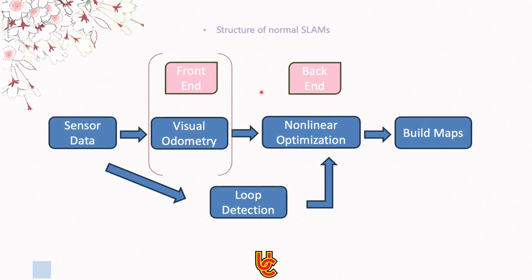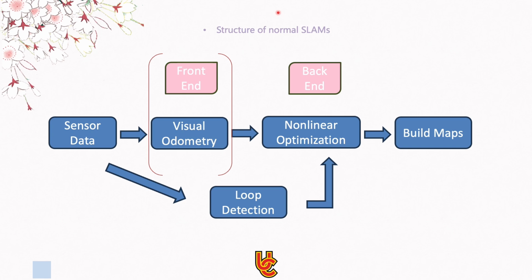Here is the basic structure of normal SLAM. It contains 5 parts. The first one is the sensor data. In visual SLAM, it mainly involves reading and pre-processing the camera image information. Then the front end, the visual odometry. The task of visual odometry is to estimate the motion of the camera between adjacent images and the appearance of a local map.